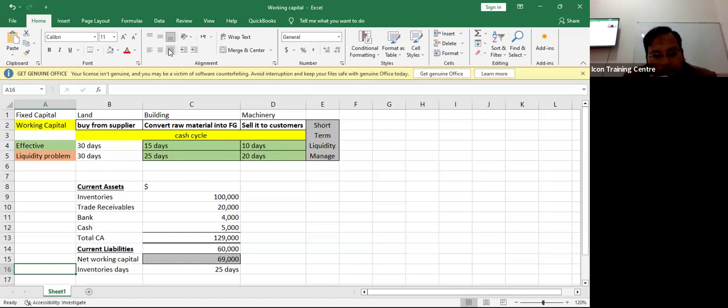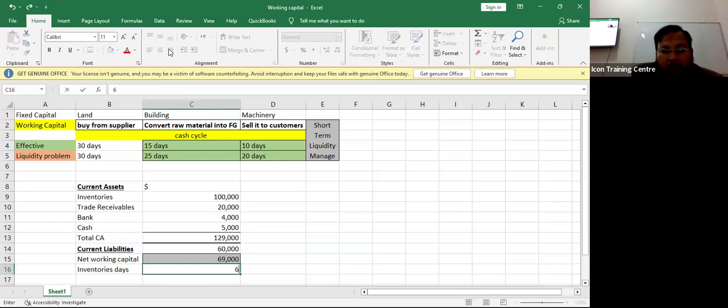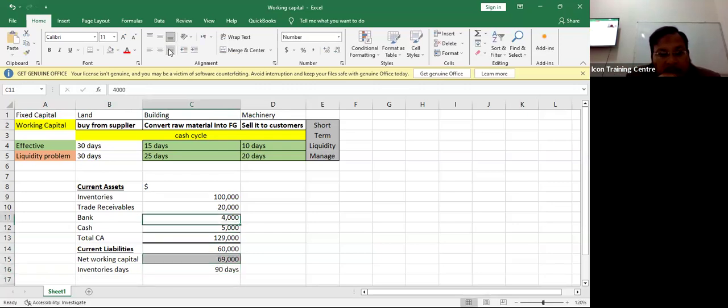But if it is more, then it's a problem. Let's suppose your inventory days is maybe 90 days. In this situation, holding so much inventory will not be a positive sign. Rather, it will be a negative sign.